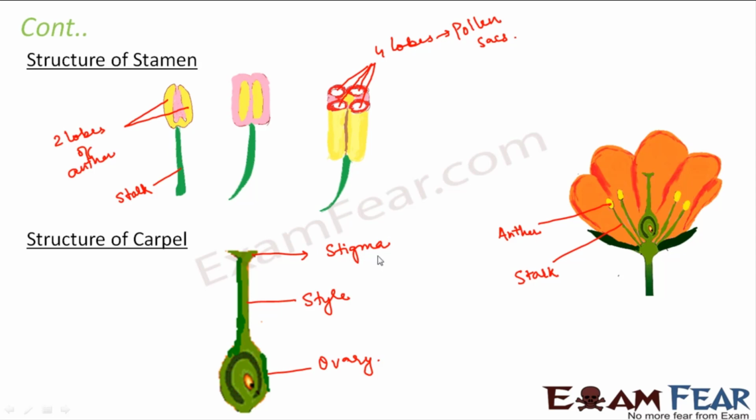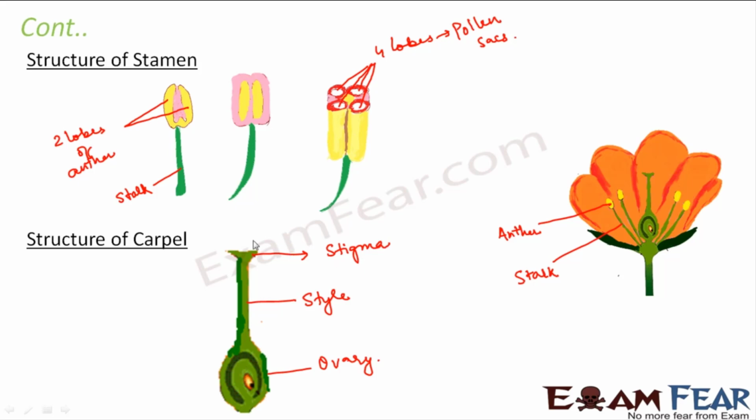So what is the purpose of stigma? Stigma receives pollen grains. Now, we know that for sexual reproduction, fusion between the male gamete and the female gamete has to take place. Which is my male gamete here? The male gamete is the pollen grain. What is my female gamete here? The female gamete is the egg. So there has to be fusion between the pollen grain and the egg, which means the pollen grain has to come inside this female structure in order to fuse with the egg.